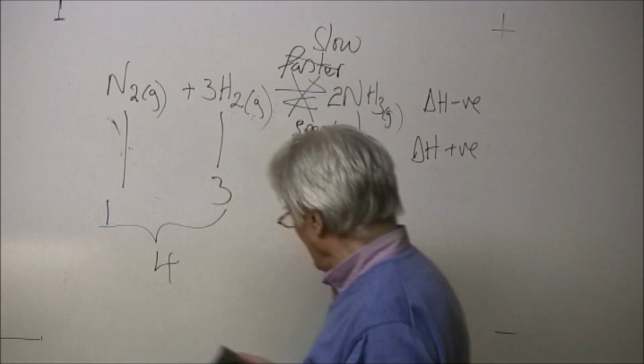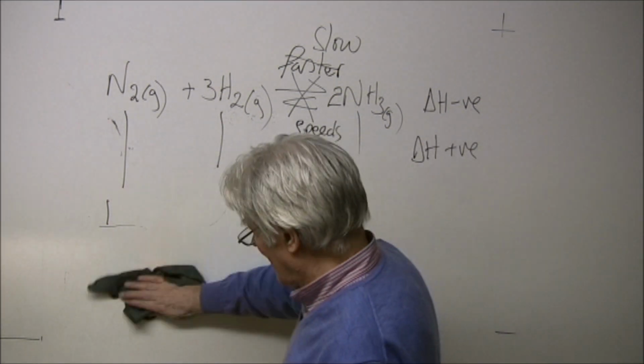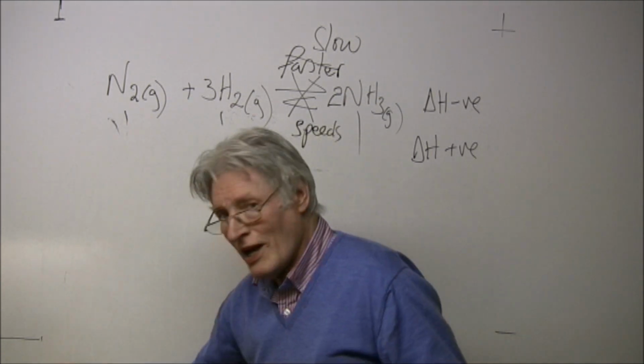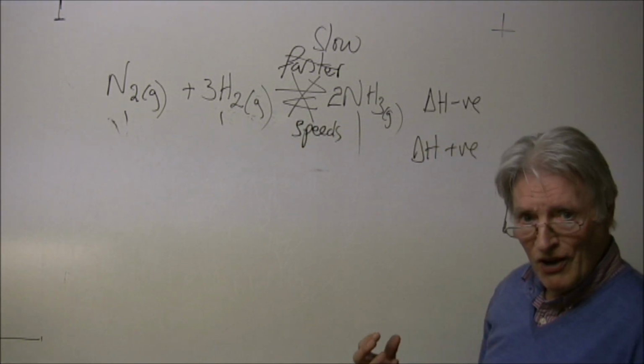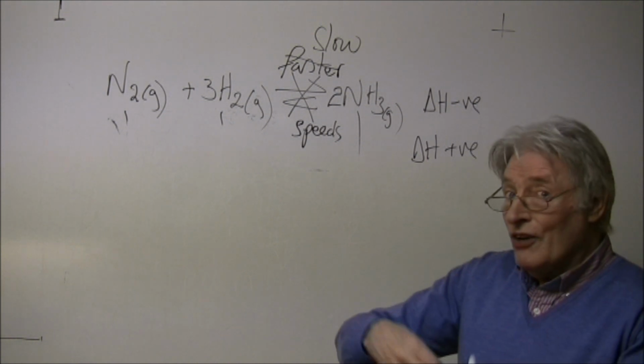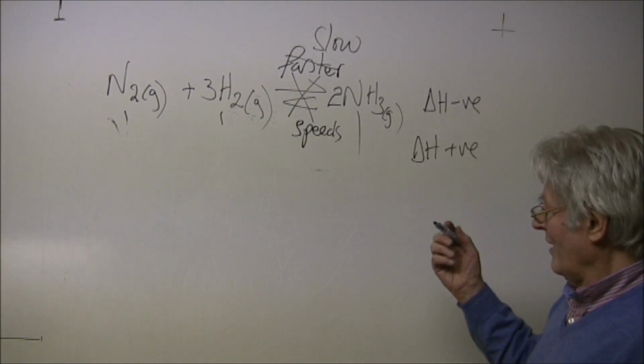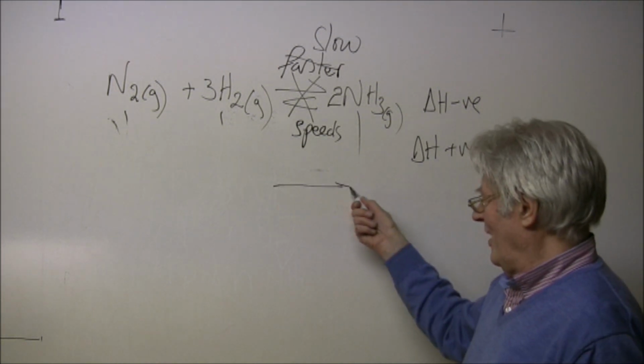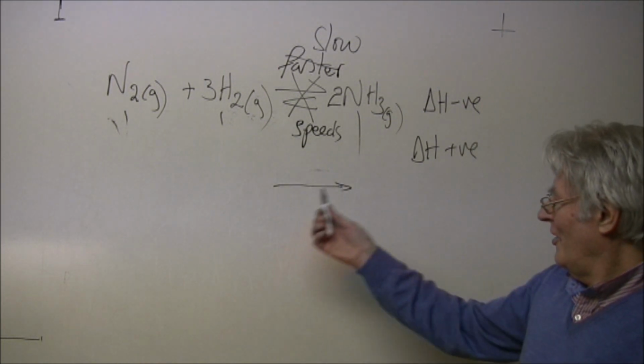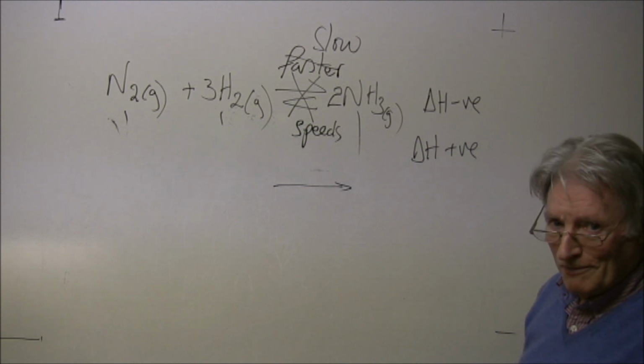So if we're increasing the pressure, the system will try to lower its pressure. In other words, it will try to exist as fewer molecules. To do that, it produces more ammonia. And the reaction towards the right speeds up.